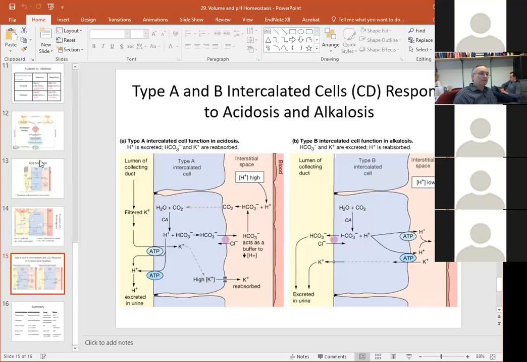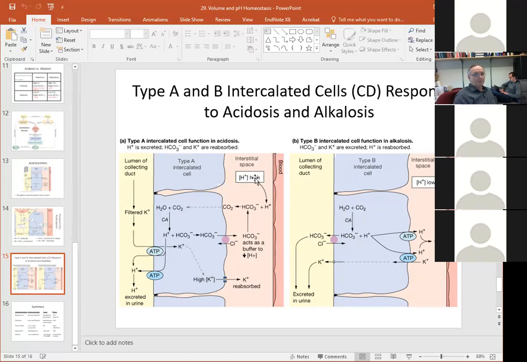Question real quick before we move on. Someone said, nope, sorry, gotta do this one. Sorry. How do type A and B cells get different signals so they don't just cancel each other out? The type A cells respond when the hydrogen is high by pumping hydrogen out, and the type B cells don't do anything. The type B cells respond when hydrogen is low by pumping bicarbonate out, and the type A cells don't do anything.